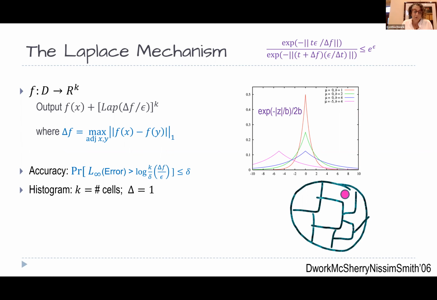K could be as large or as small as we want, but the sensitivity of this query is still just 1. That is, the presence or absence of one person can only change the count in one cell, and in that cell it can only change the count by 1. So the L1 sensitivity is 1. This was kind of the first indication that we had something very powerful.